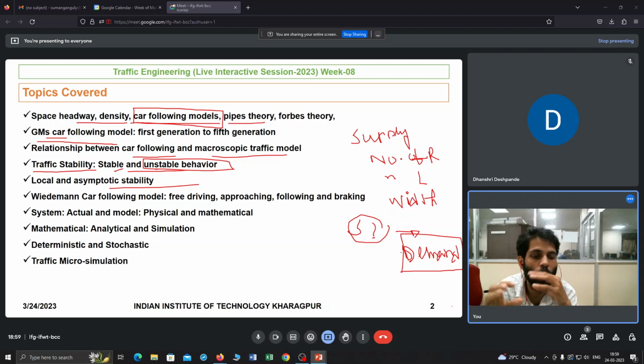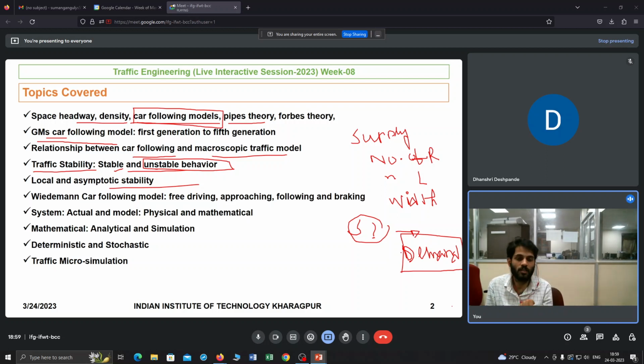Now you want to modify your signal parameters, meaning you want to modify your green time, your red time or red interval. So how can you do it? Once you have a model, you change your green values, red values, different combinations, try them and see how it is impacting your flow, right? That's how you can use a simulation model effectively to replicate any field condition.